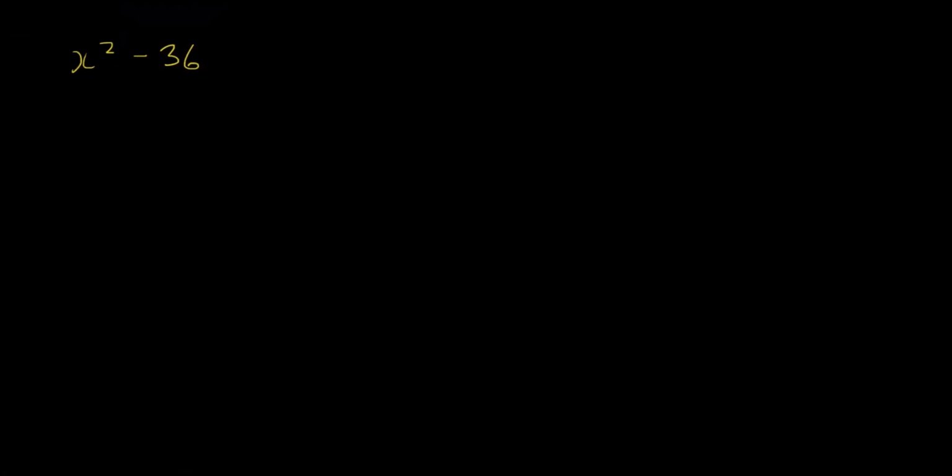What's the first thing I do? Because this is going to be the difference of two squares. What's the square of x squared? X. So it's just x whole squared. And what number can I show 36 as? 6.